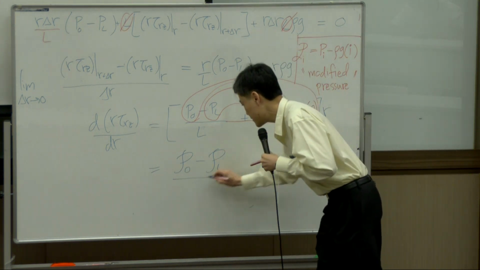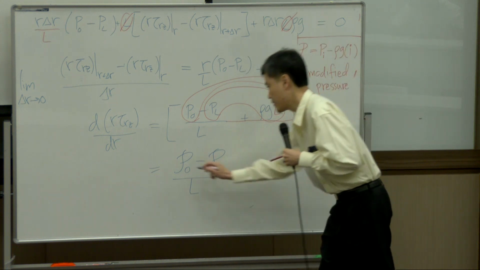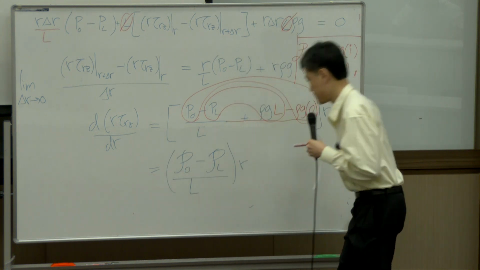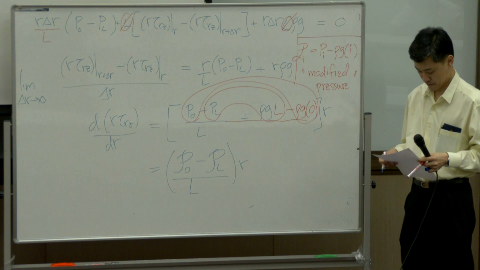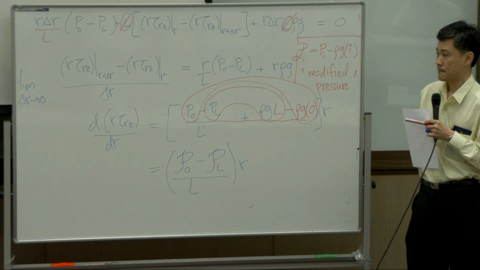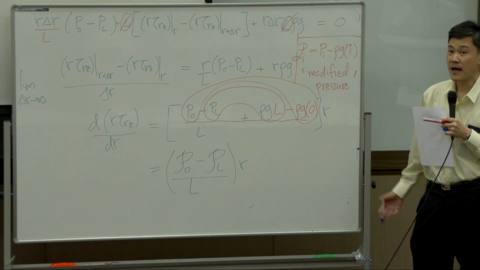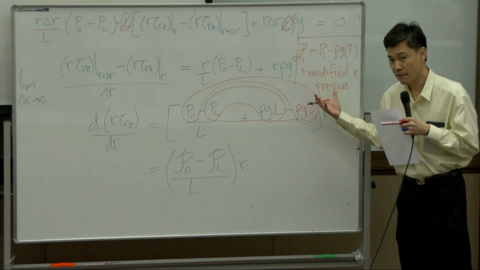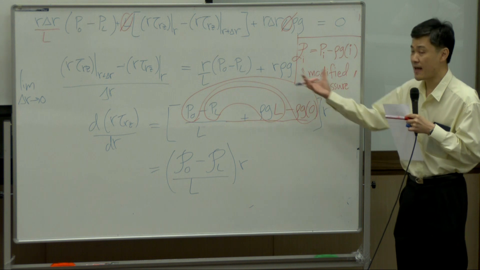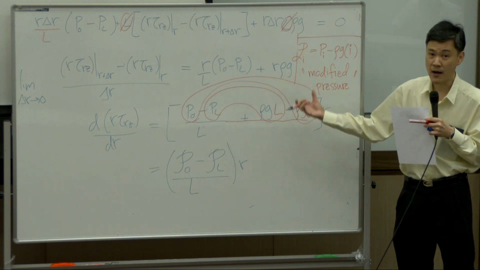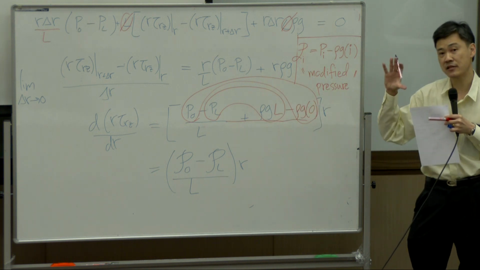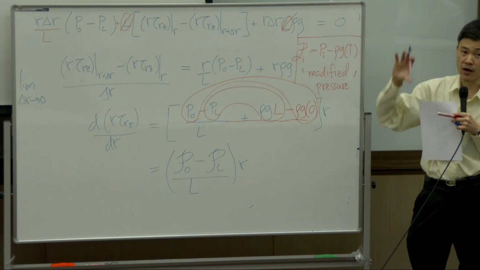The whole thing divided by L times R. So by definition, modified pressure is basically absolute pressure combined with head space, the head of the liquid on top of it.